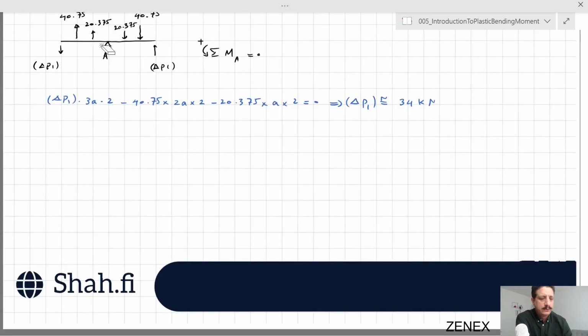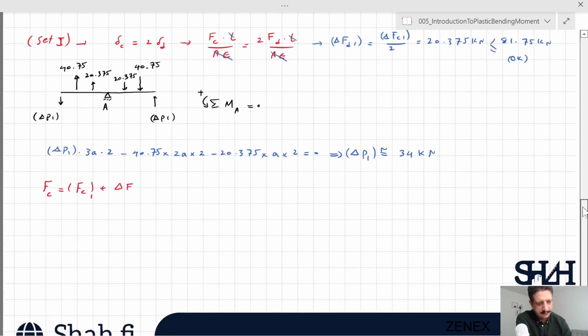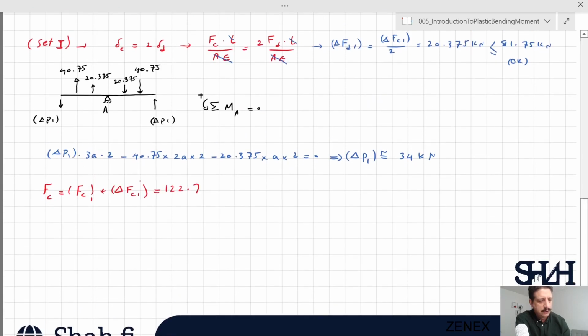So at this point, we can calculate what is the deformation at point C. So force at C will be force at C with the first iteration plus delta force at C that we calculated here, which is in total 122.75 kilonewton.